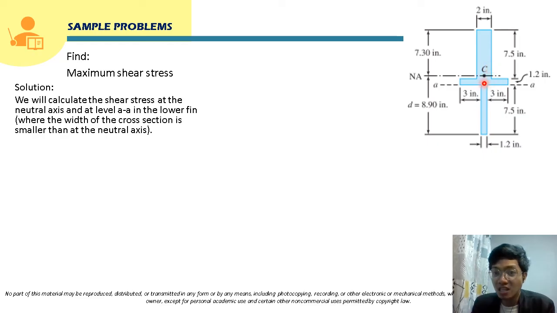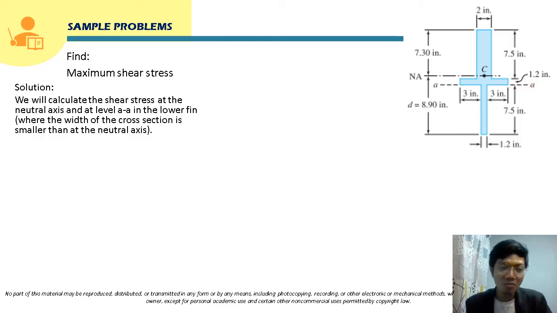So in this case, yung t dito sa portion na to ay nasa level AA. So kailangan din natin, class, kunin yung shear stress dito. Kasi, class, kapag maliit yung t, yung Q over t, lalaki 'yon. 'Di ba? Q over t sa formula natin. So i-compare natin yung stress na mako-compute natin dito sa neutral axis at saka yung stress dito sa level AA.